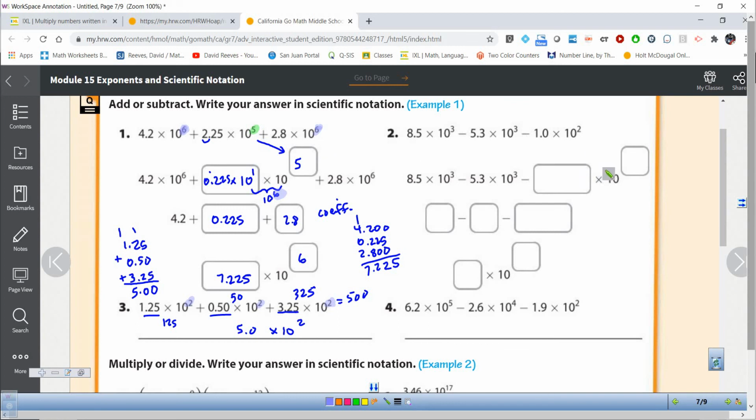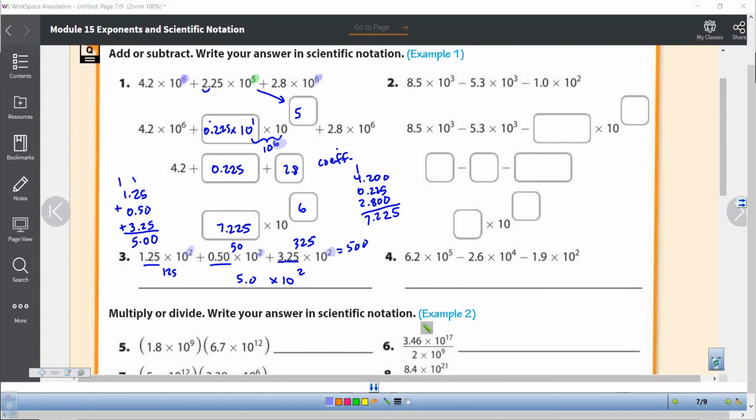Okay, so let's look at another example. I'm going to come down here to this one because this one is even a little more tricky. We have 5, we have 4, and we have 2.